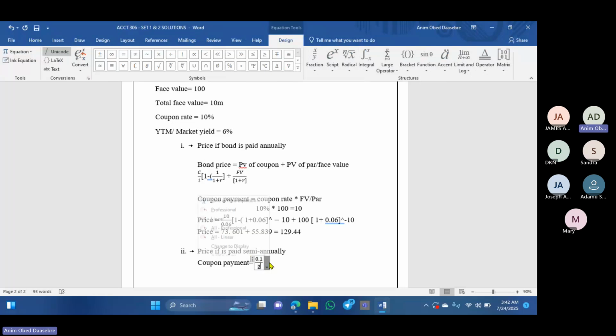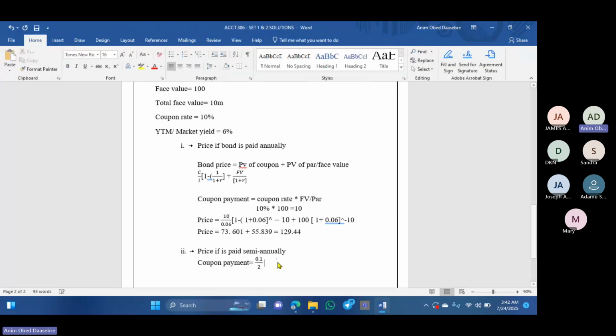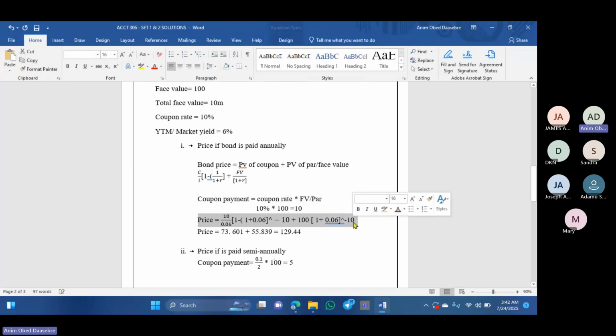Then you multiply it by the face value. The face value is 100. So we are going to get 5. Right here. So I'm copying the whole terms and I'll just adjust the coupon payments.